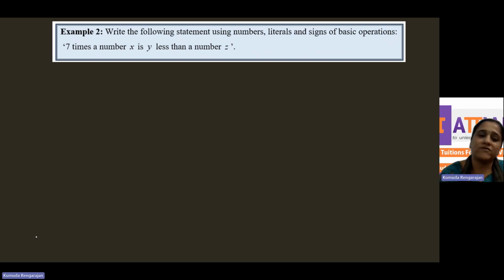Everything is there. Even this one is an algebraic expression. It's not mandatory that there should be a constant, one variable, or one mathematical operation in any combination.